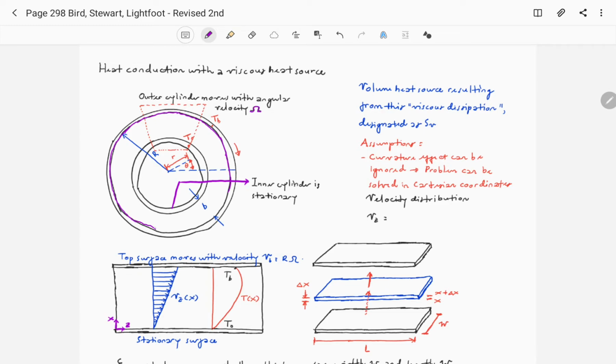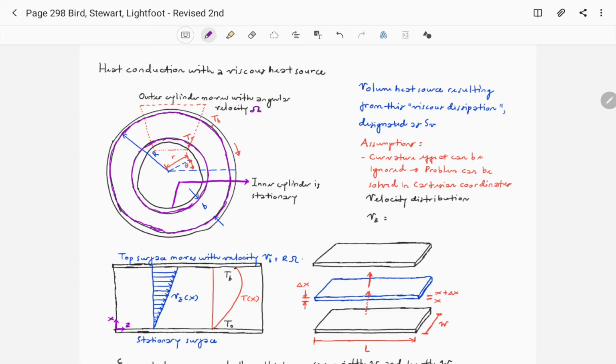This one is the outer cylinder, and then you have the inner cylinder as well, which does not move. It basically stays still, and there is a fluid in between these two cylinders.